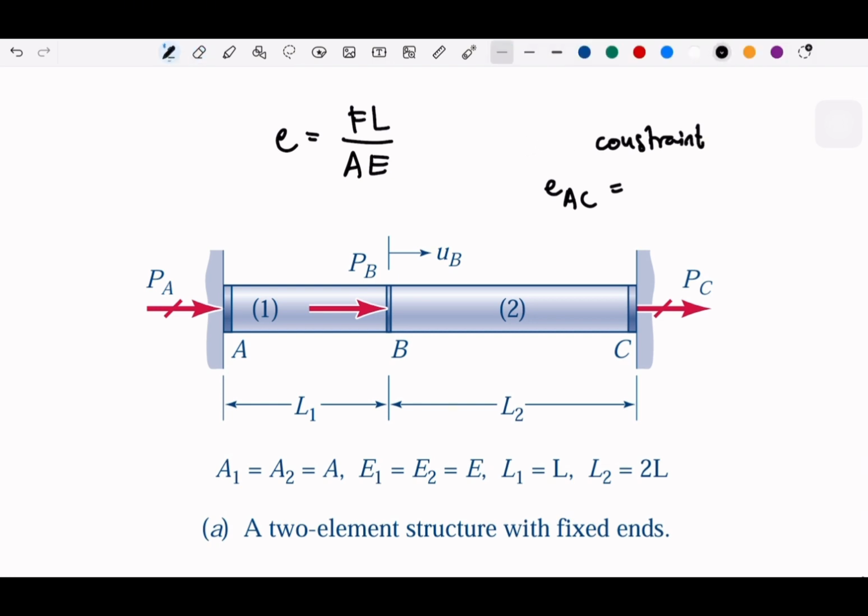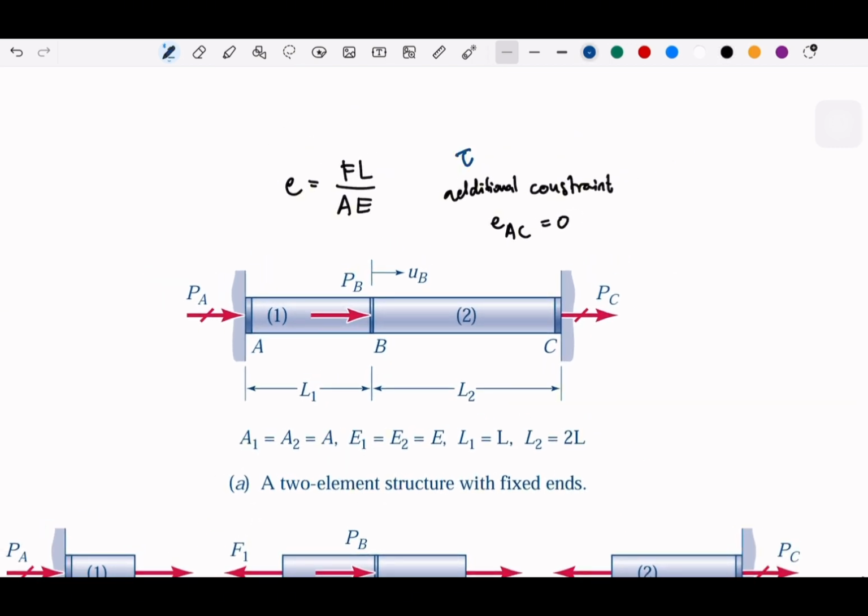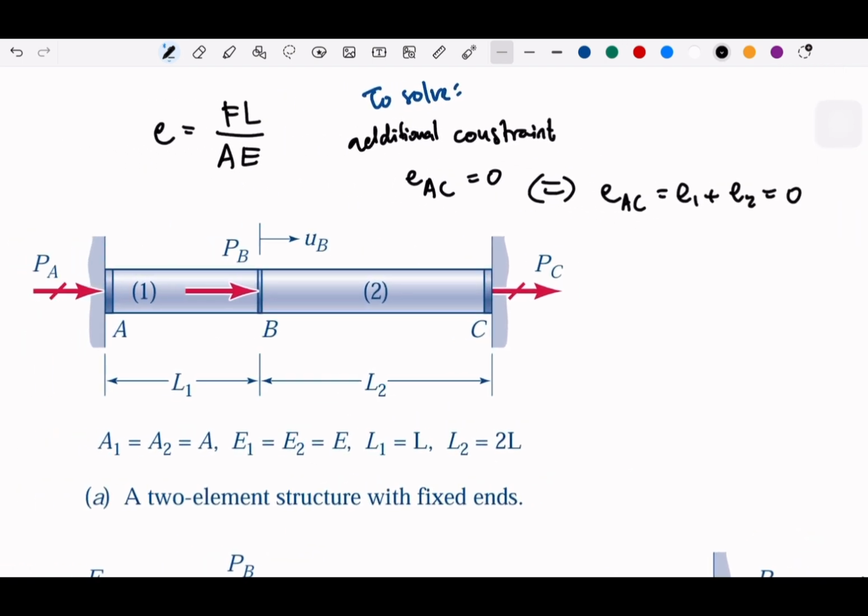So this is an additional constraint. Let me write here: this is the additional, not the total, constraint that we need to add to solve the equations. So to solve, we need this assumption. The elongation for the whole system is still e1 plus e2, but this is going to be equal to 0. From here, we could imagine that F1 L1 over A1 E1 will be equal to the negative counterpart for the second material.